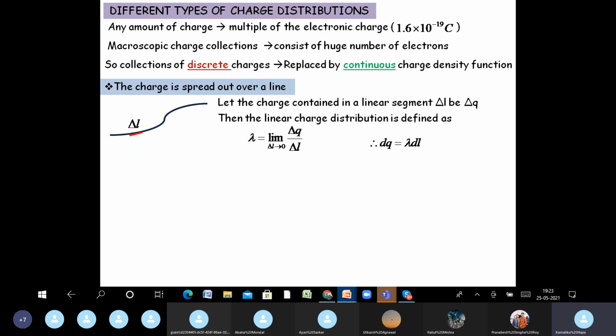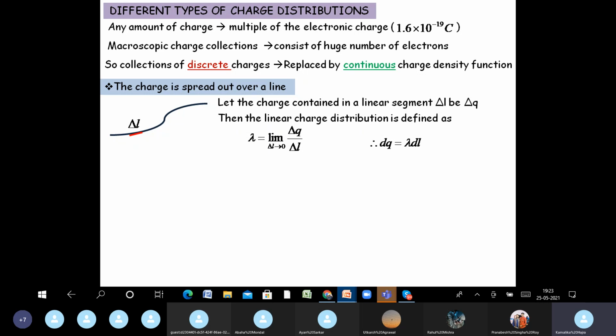Obviously, from this you can write lambda equal to dq by dl. You know from the definition of derivatives that limit delta L tends to 0, delta Q by delta L is dq by dl. So dq is equal to lambda dl. So in order to get the charge, what will you have to do? You will have to integrate. dq, the charge for a small element dl, is given by lambda dl.